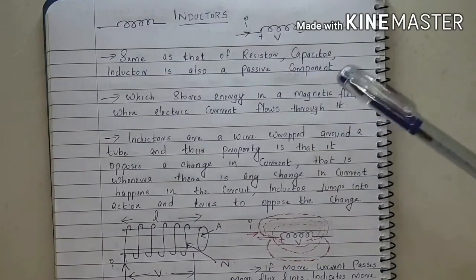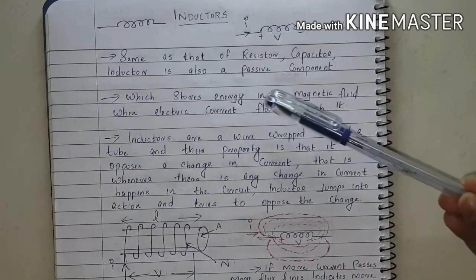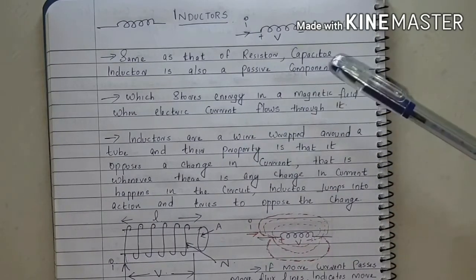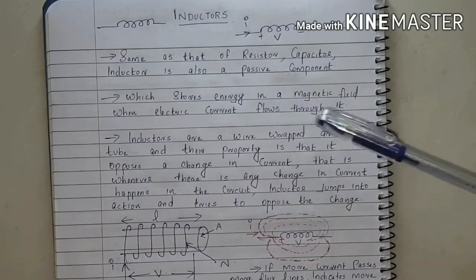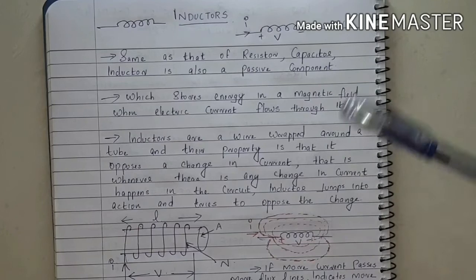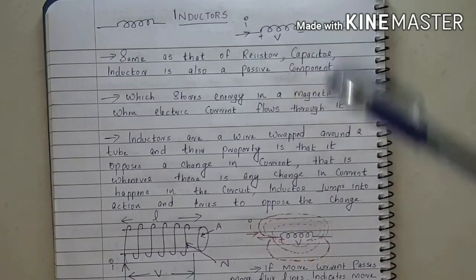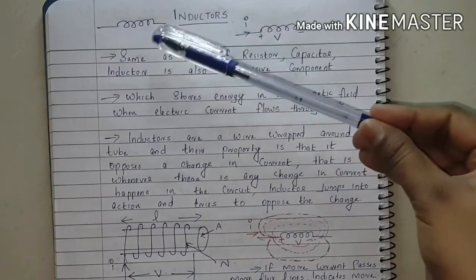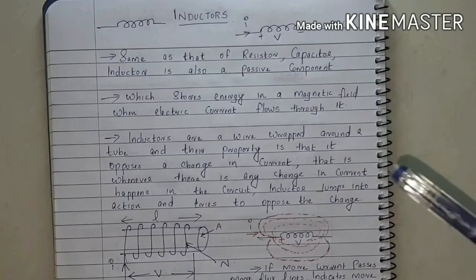What is an inductor? It is same as that of resistors and capacitors. That is, inductor is also a passive component which stores electrical energy in the form of magnetic energy whenever electric current flows through it. It can be represented like this, that is a wire wrapped around a tube.